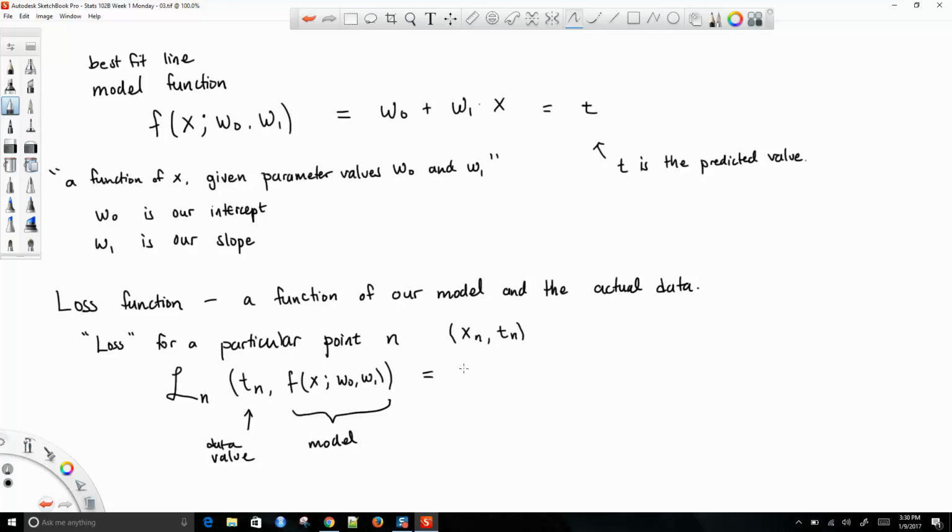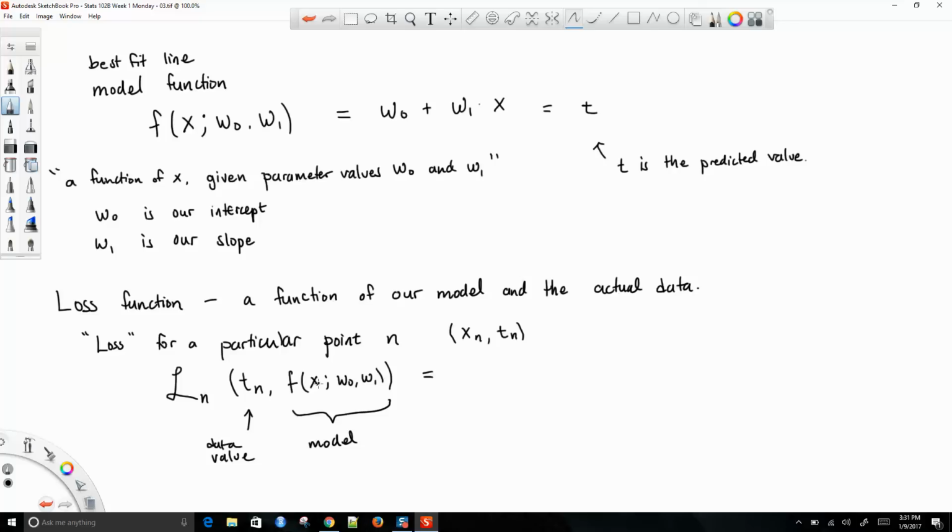For the model function inside the loss, do you specify x as x sub n at that point? Yeah, because this is the loss for one particular point n. Then we will just expand this and say the loss overall is we're going to add these up. So do we need to say f of x sub n? Oh yeah, that's a very good catch.